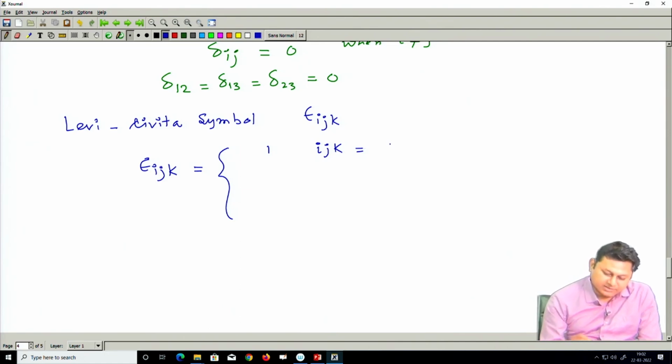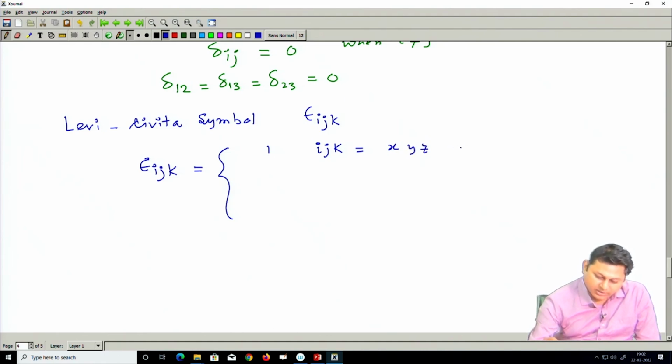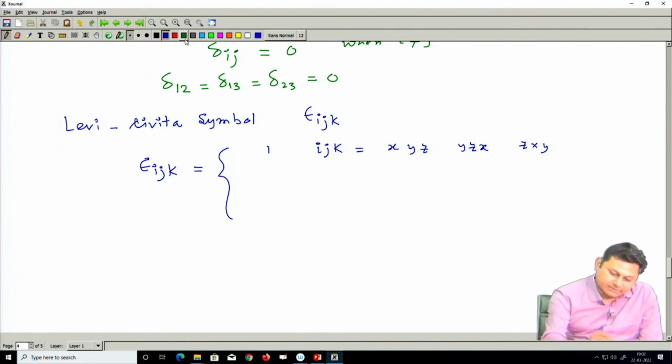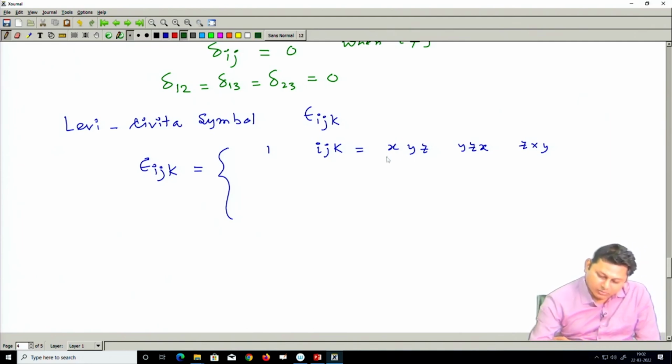For example, if I consider this as x, y, z, then when it is x y z, or y z x in cyclic order, or z x y. In terms of 1, 2, 3, when it is 1 2 3, 2 3 1, or 3 1 2, this value is 1.